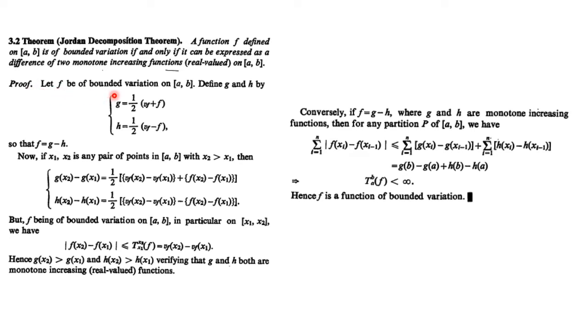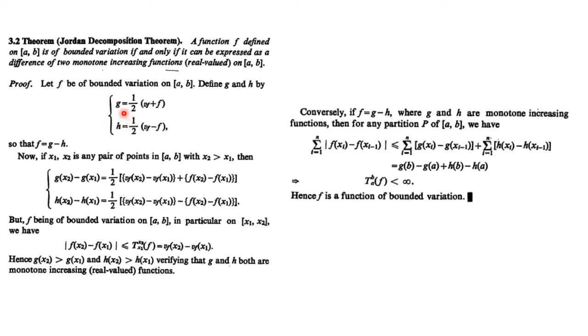Let's suppose our f is of bounded variation on the closed interval [a, b]. Now we define the functions g and h in such a way that our f can be written as g minus h. Basically, in f we can add and subtract Vf by 2, and we can also write f as f by 2 plus f by 2.